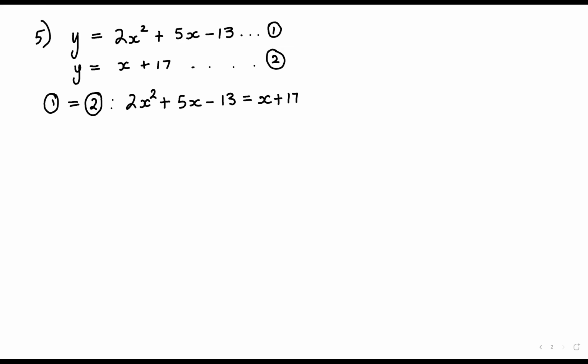The objective now is to solve this quadratic equation, but in order to solve a quadratic equation, you have to have all the terms on one side and it has to be equal to 0. So I'll keep 2x squared plus 5x minus 13 on the left-hand side, and I'm going to move over x plus 17. So this will become minus x minus 17.